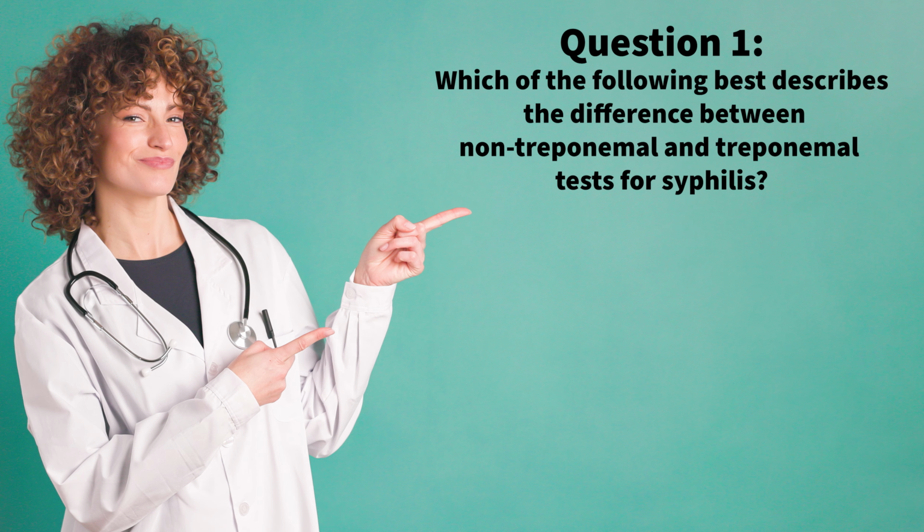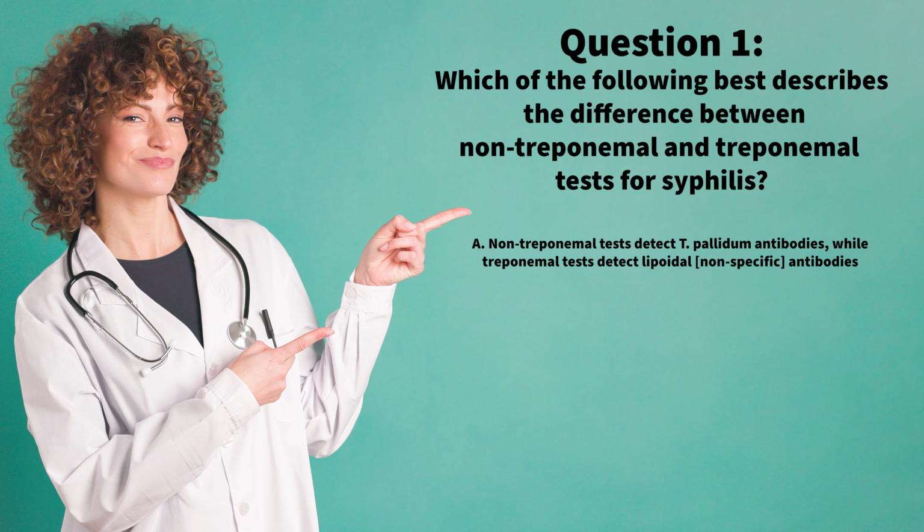Let's do a knowledge check. Question 1. Which of the following best describes the difference between non-treponemal and treponemal tests for syphilis? A. Non-treponemal tests detect T. pallidum antibodies, while treponemal tests detect lipoidal or nonspecific antibodies.